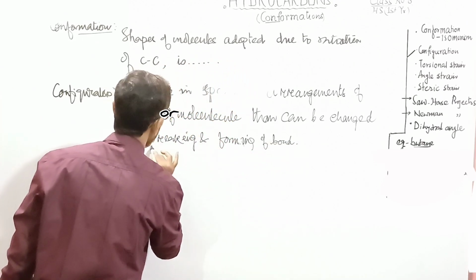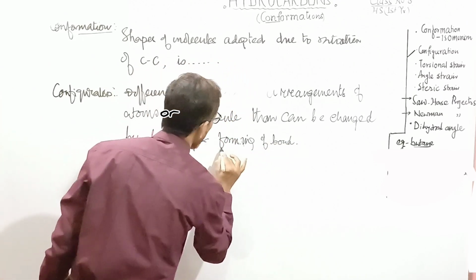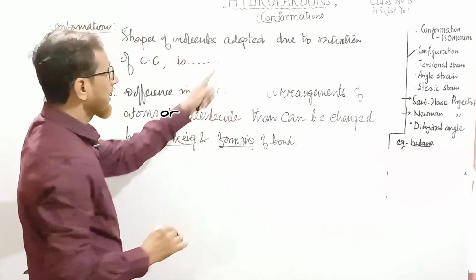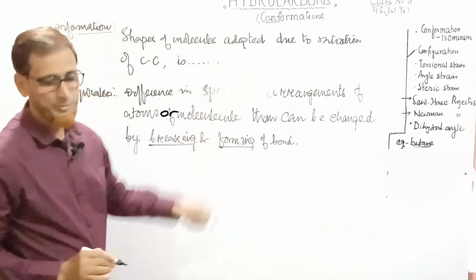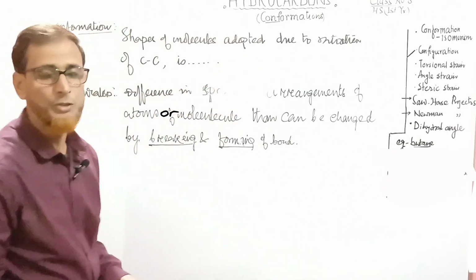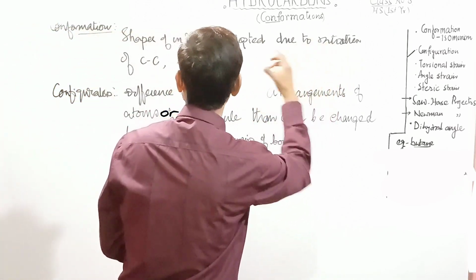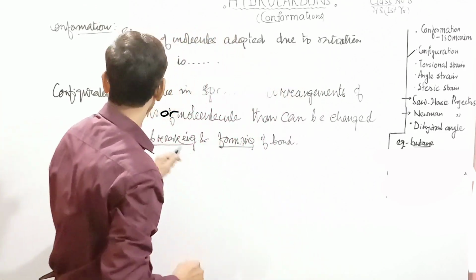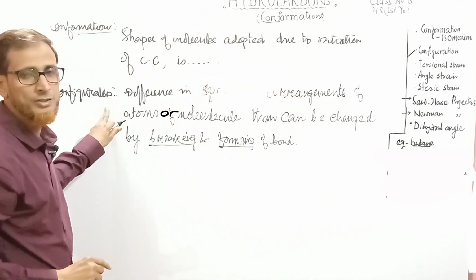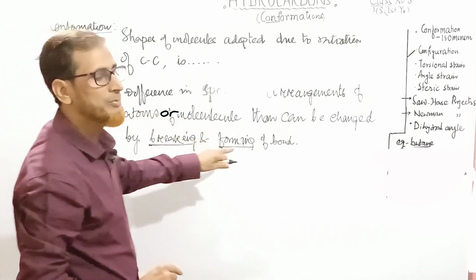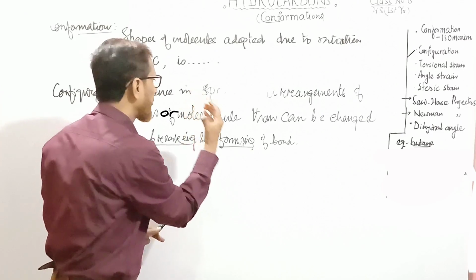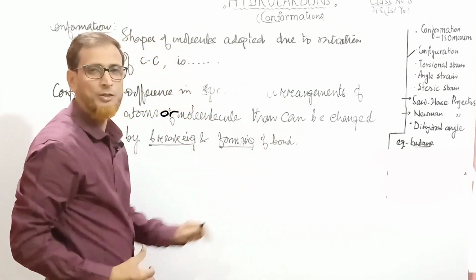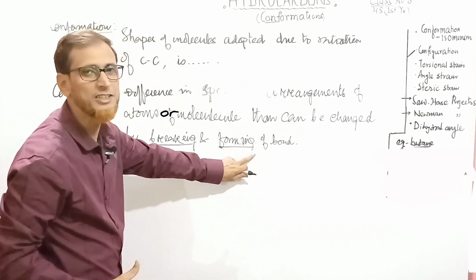Huge difference, breaking and forming. In case of conformation, the difference in spatial arrangement occurs due to the rotation of carbon-carbon single bond. But when configuration occurs, the difference in spatial arrangement occurs by breaking and forming of bonds. You can't easily understand this point.